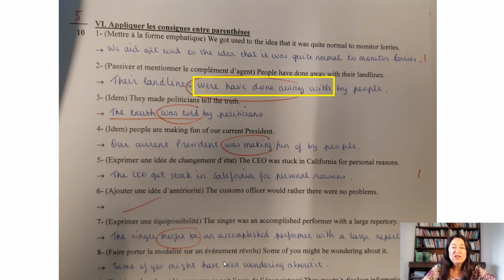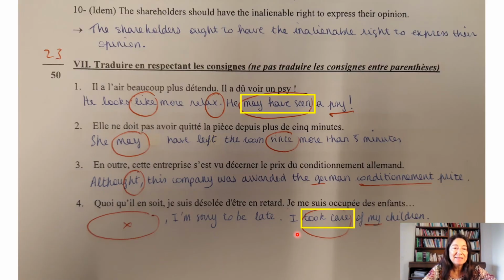And we're actually going to see that there are 2 important parts, because sometimes when you write a sentence like this one here, "he may have seen a shrink," or "I took care of the children," well, these verb forms or verb phrases sound correct, but then if you look at the context, then you might wonder if they really are, and that is what we will do at the end of this video.